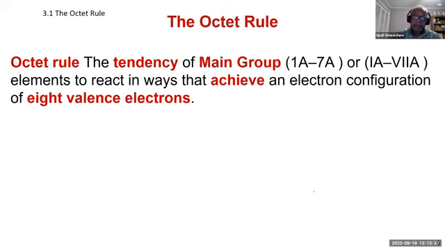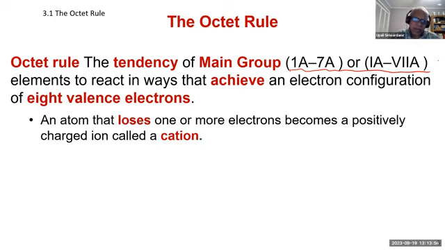So we're going to look into main group elements. I'm going to show what main groups are. His rule applies only to main group elements. They achieve an electronic configuration of 8 valence electrons to become stable. Otherwise, they are reactive.